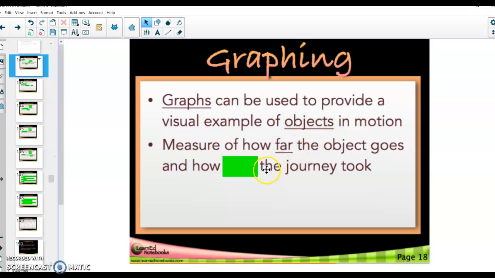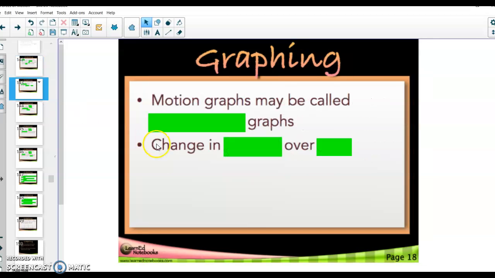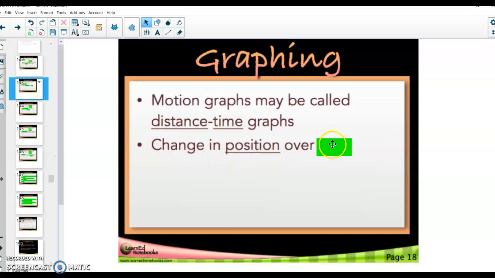Measure of how far the object goes and how long the journey took. Motion graphs may be called distance time graphs. Change in position over time. Makes sense, the name, distance time graphs.